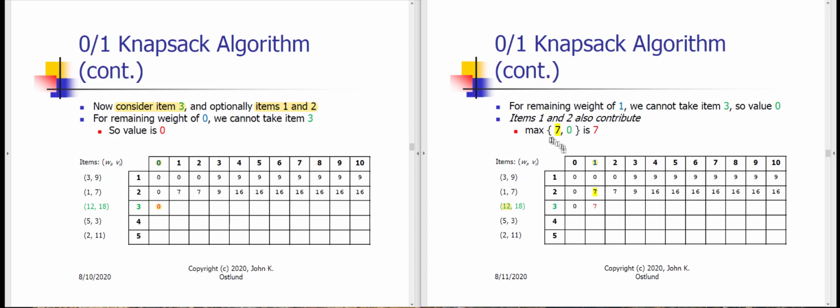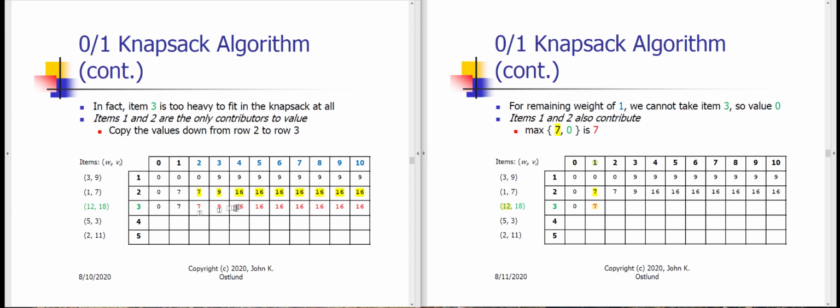And in this case, we end up basically computing the maximum of the 7 from using items 1 and or 2, actually just using item 2, and the 0 that we can get by not using item 3, and the result there, of course, is 7. In effect, we've just copied down the 7 from the previous row, which just considers items 1 and or 2. In fact, this situation is going to continue for the entire remainder of this row.